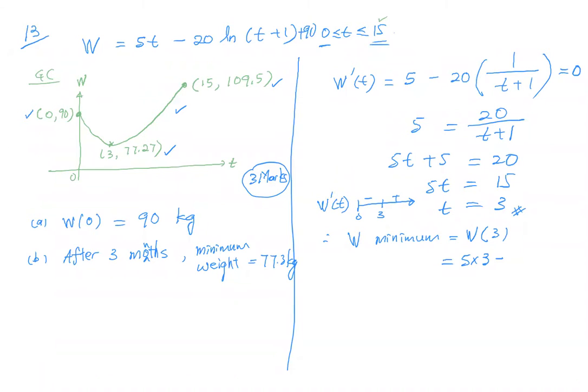So I'm wrong. Okay, 15 minus 20 ln 4 plus 90. So you will get 77.3 kg. So this is by calculus. Is that okay? So you have to learn both, by graph, by calculus.